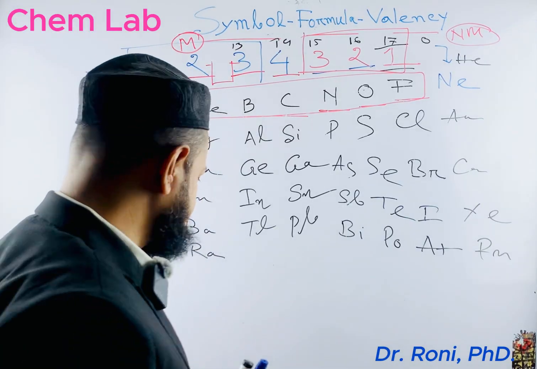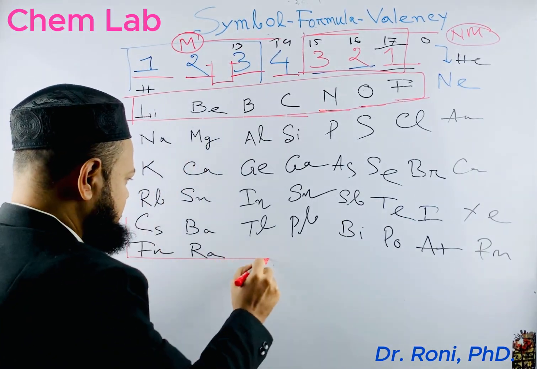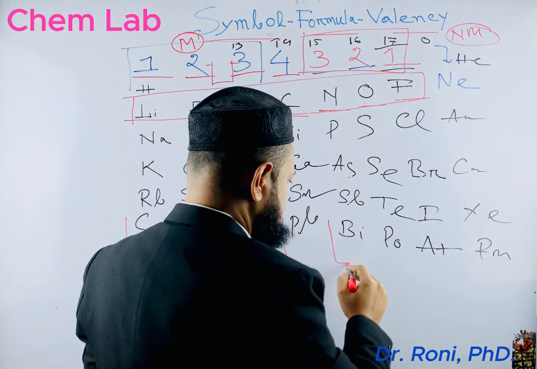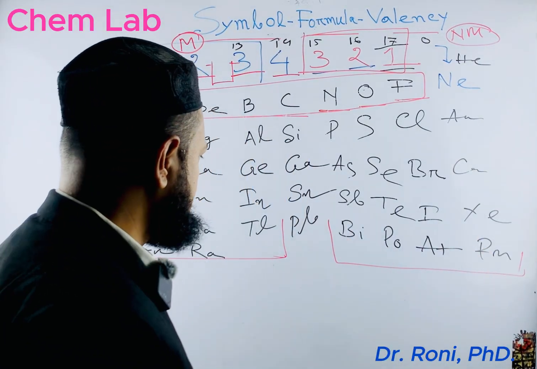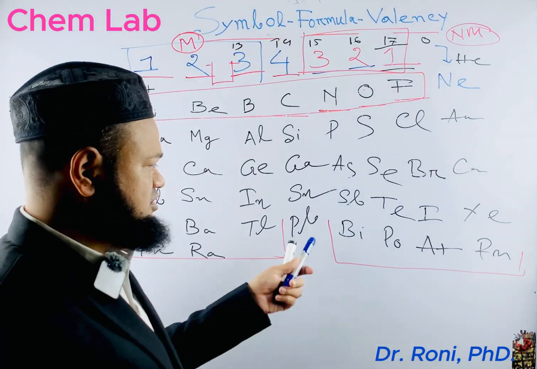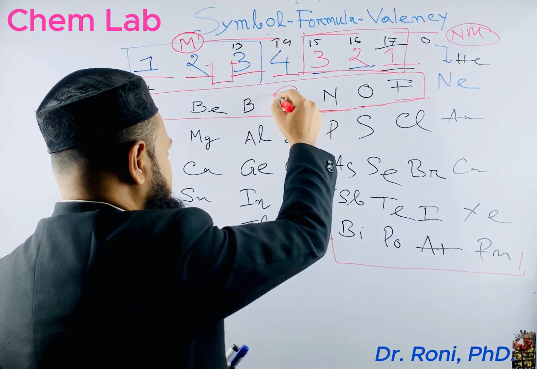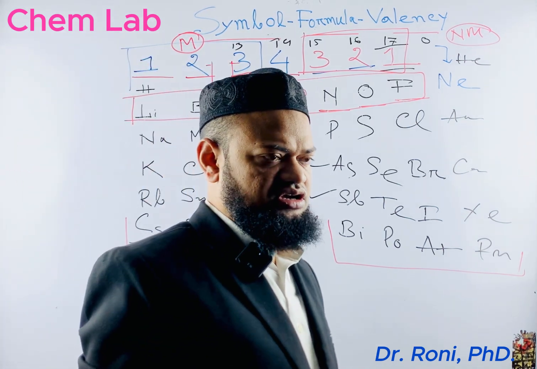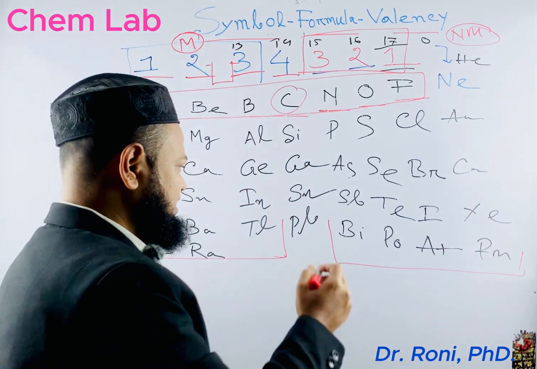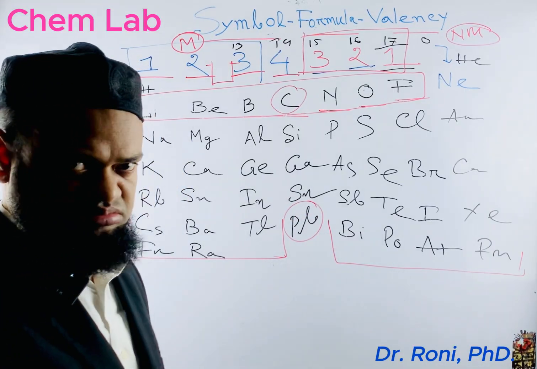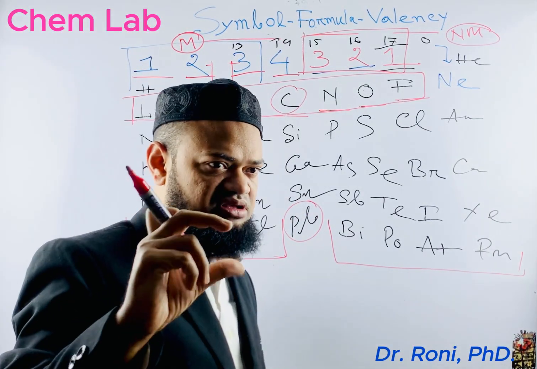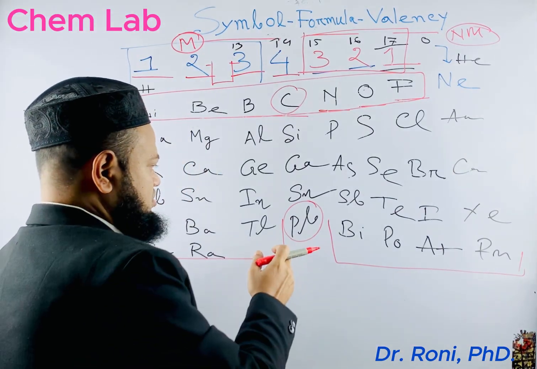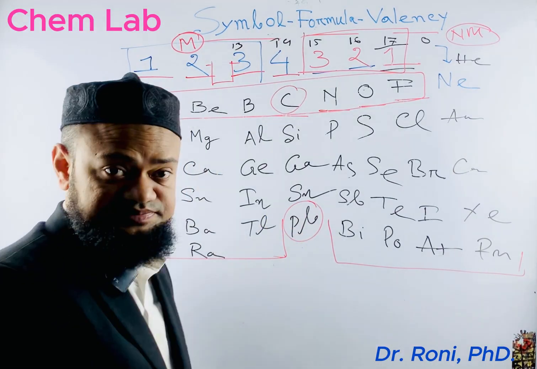Another technique you can apply here. For example, this carbon has non-metallic property, but lead, in Bangladesh shisha, looks like iron physically. So it's a metal.